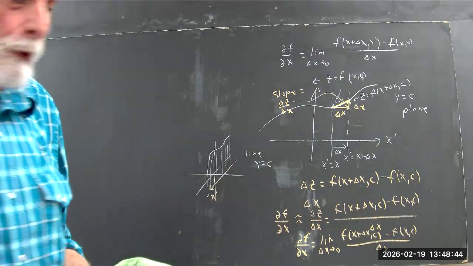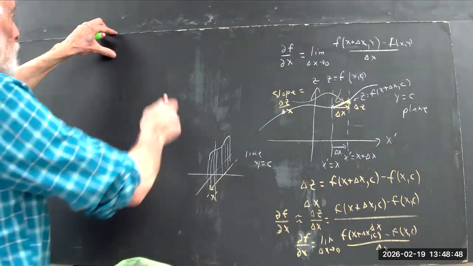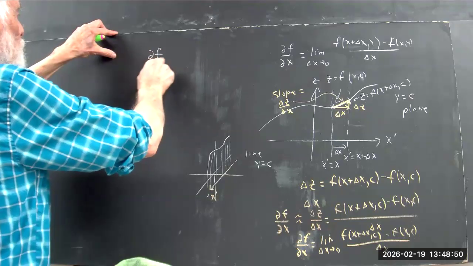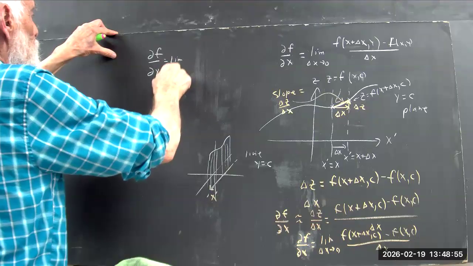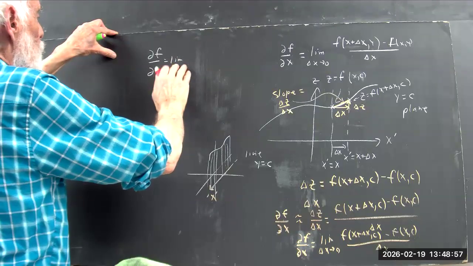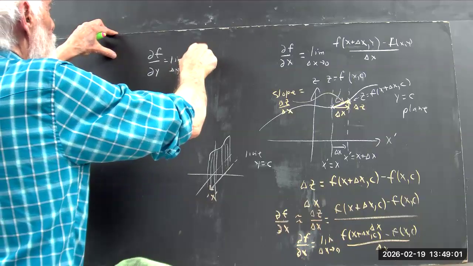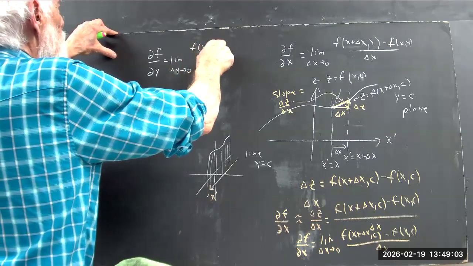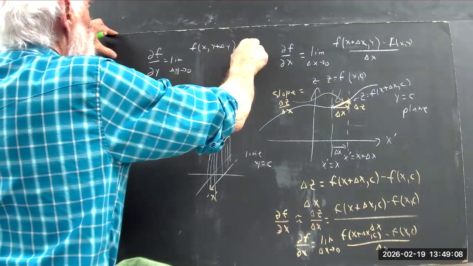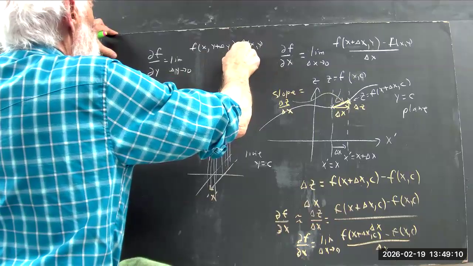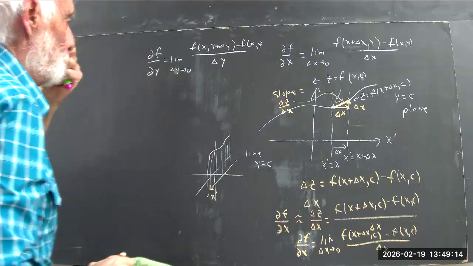Okay. Then if you understand this, you can easily see that the partial of f with respect to y equals the limit as delta y goes to zero of f of x, y plus delta y, because it's y that's changing now, minus f of x, y, over delta y.